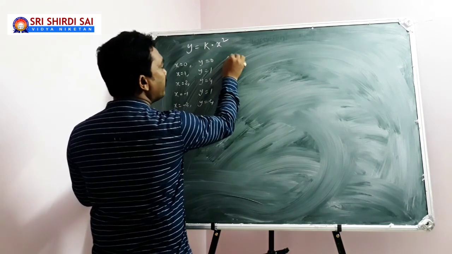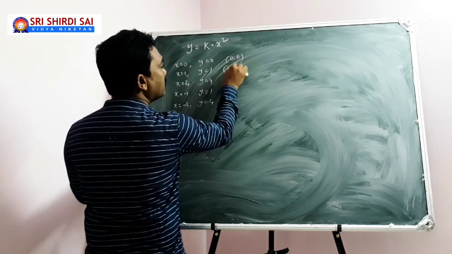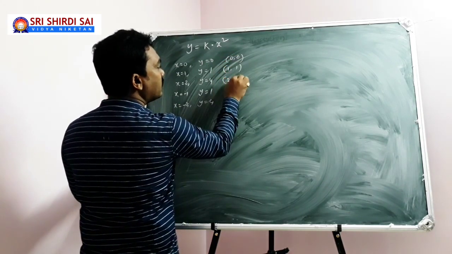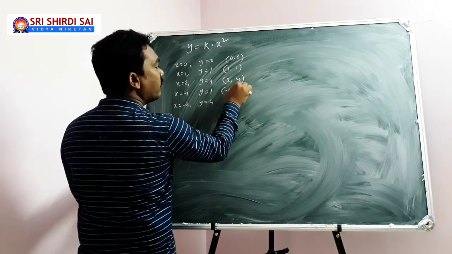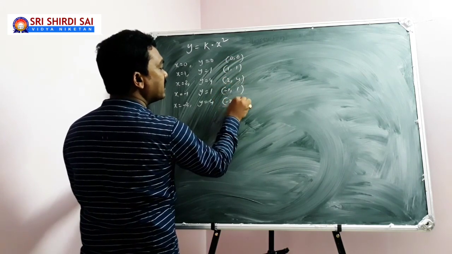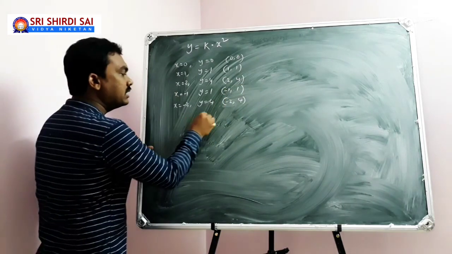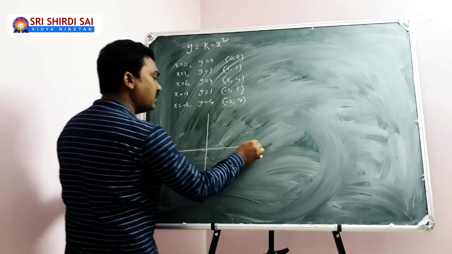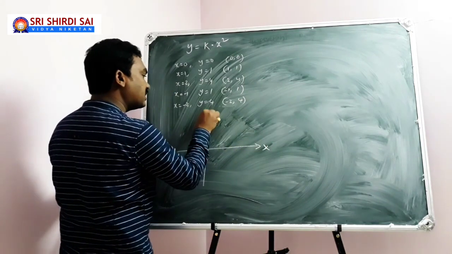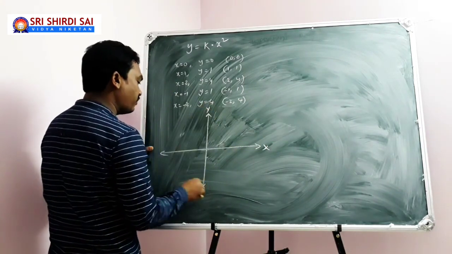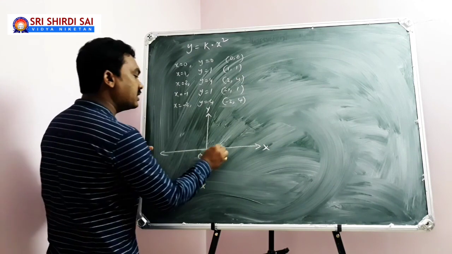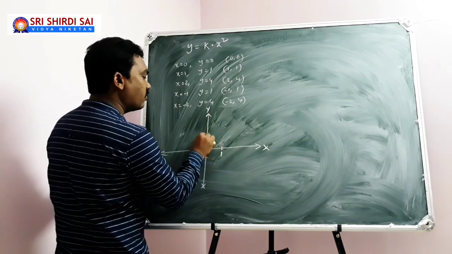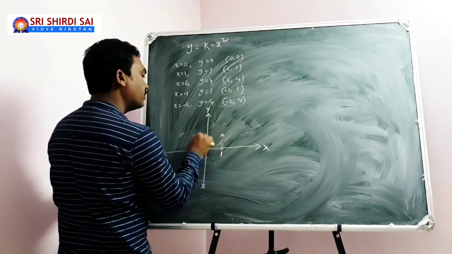So you come across different ordered pairs like (0, 0), (1, 1), (2, 4), (minus 1, 1), (minus 2, 4). These ordered pairs should be located in the xy coordinate system, then you get the graph. So x equal to 1, y equal to 1 here.